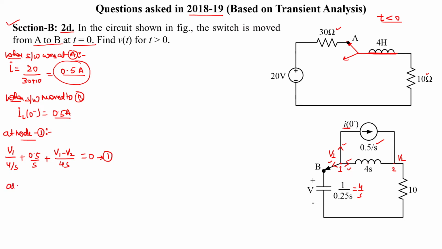Now at node 2, this current, the same current through this, and for example this current.